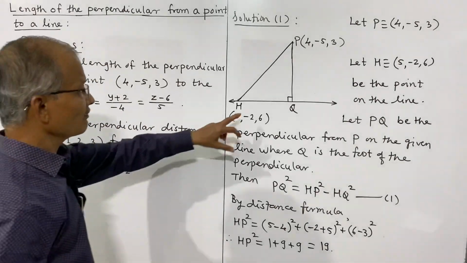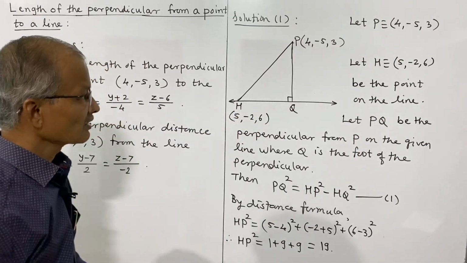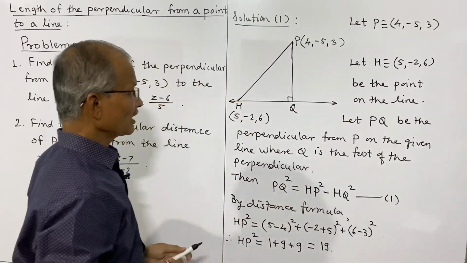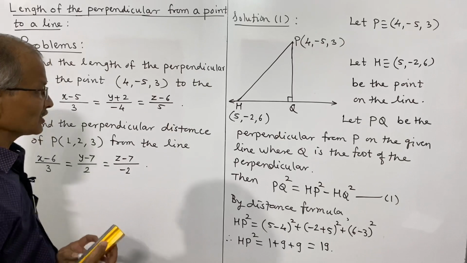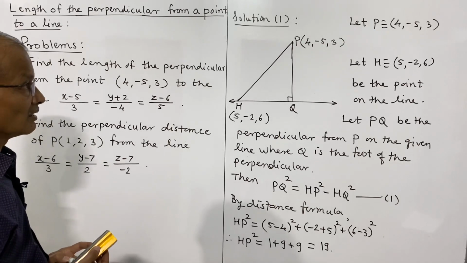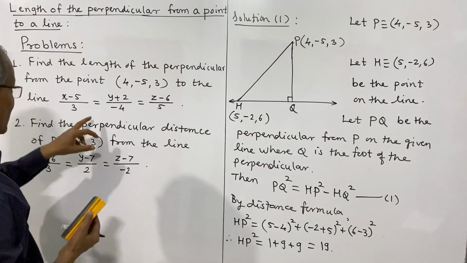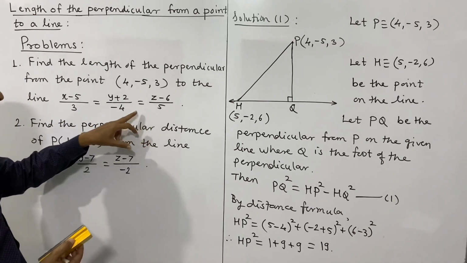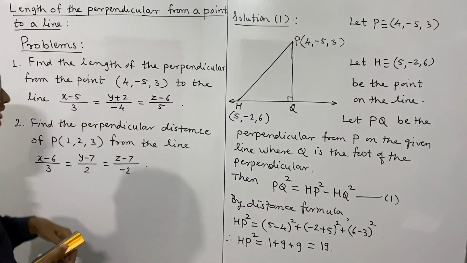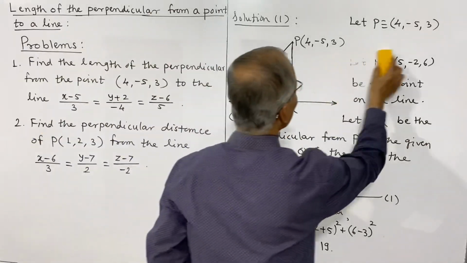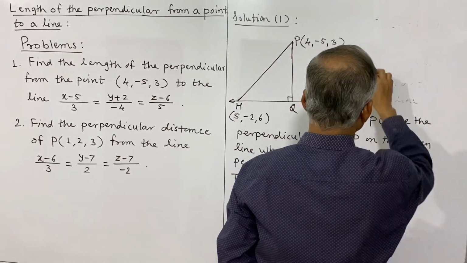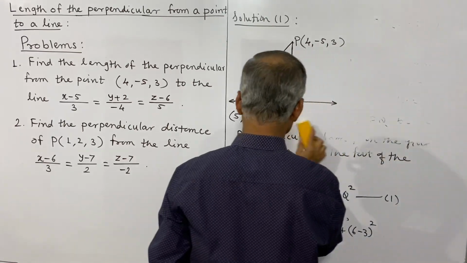And now we shall find out what HQ is. HQ is the projection of HP on the line, but to get the projection we actually need the direction cosines of the line. The direction ratios, 3, -4, 5, are given, but we need the direction cosines. Write the direction ratios first.